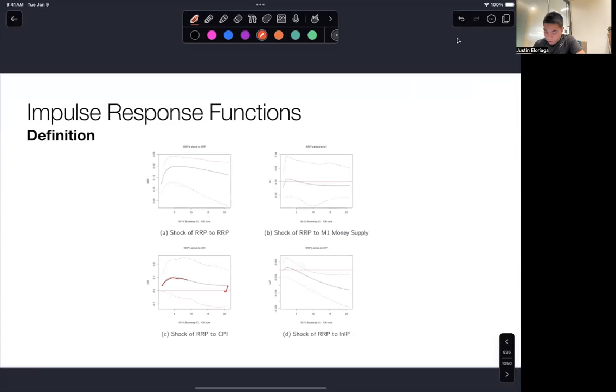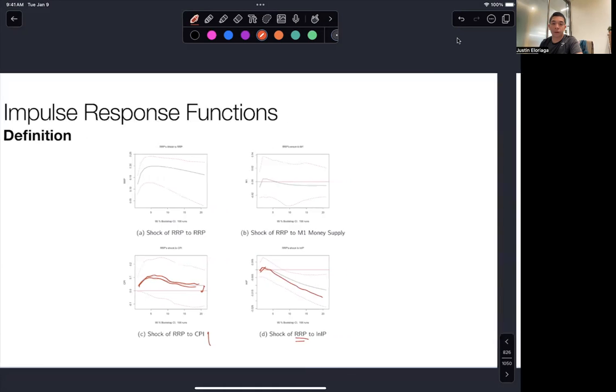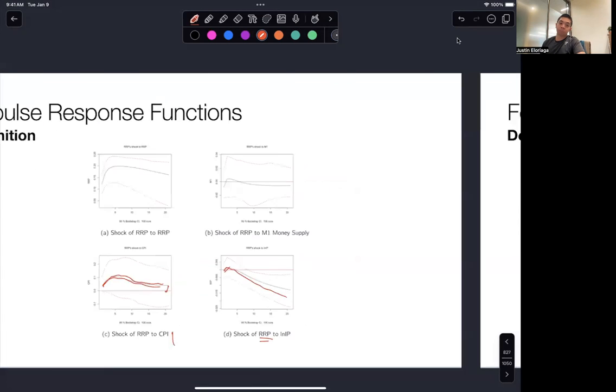Here it goes up, then it goes down. So if the policy rate goes up, inflation will go up, but will settle down. In here, if the policy rate goes up, then industrial production will go up and then go down very quickly, and so on. So those are how to interpret impulse responses.